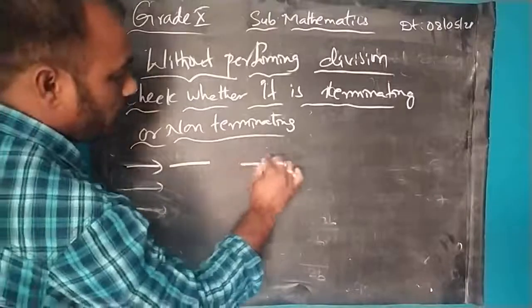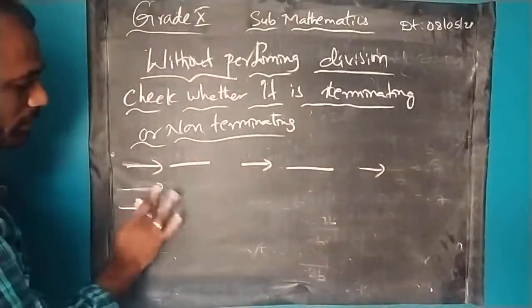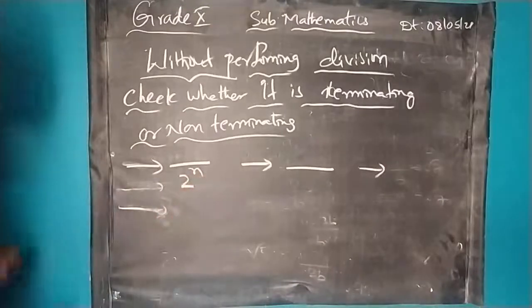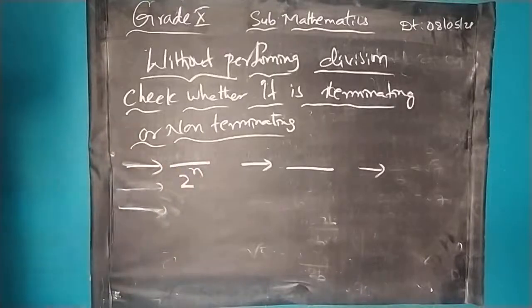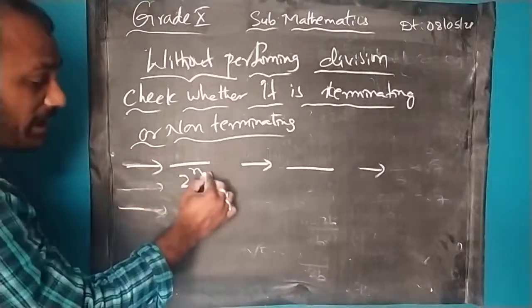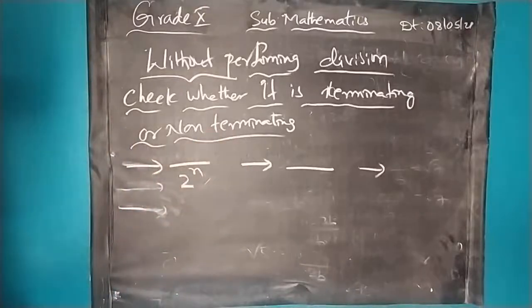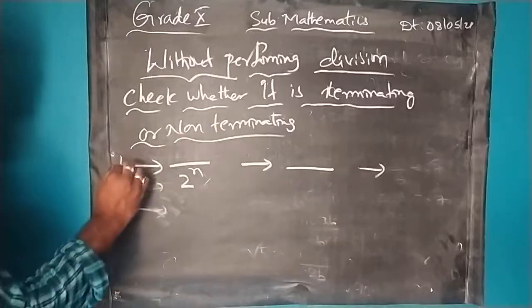So this is one rule, this is the second rule, this is the third rule. If in your denominator it is in the form of 2 power something, like 2 power 7, 2 power 5, 2 power 6, and additionally you should not get anything else, then we can call it a terminating decimal. This is one choice.